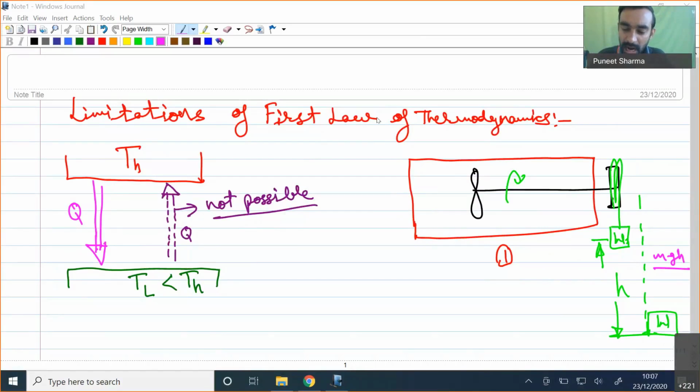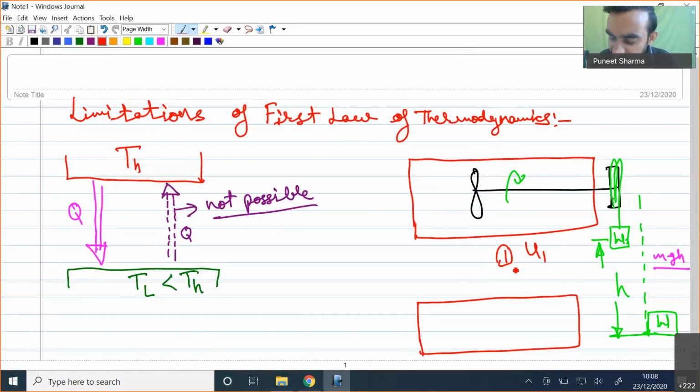Okay, so after addition of this much amount of work into our system, say I conclude that U1 is my initial internal energy of the system. After mgh work is done on this system, I will be reaching another thermodynamic state 2, and corresponding to this thermodynamic state 2, I have U2 as my internal energy.